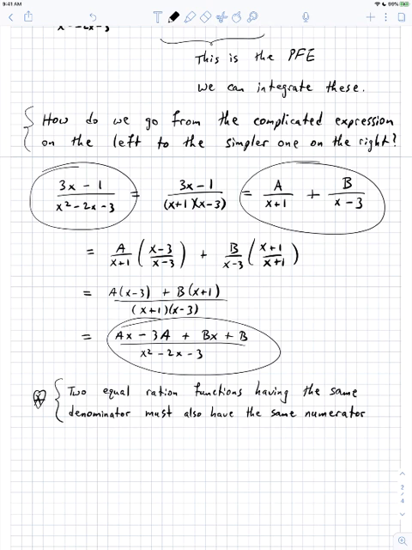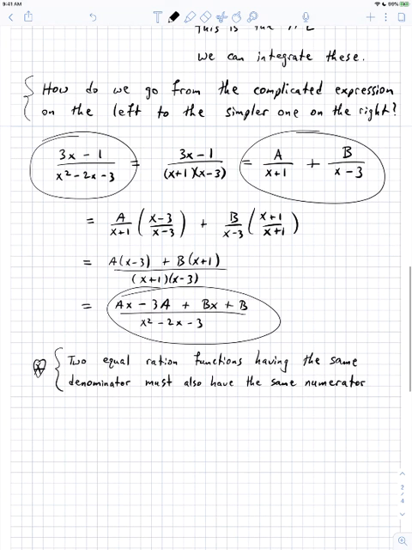So using that as our guiding principle, that means that these two rational functions with the same denominator must have equal numerators. So 3x minus 1 must equal ax minus 3a plus bx plus b. So then the question is just figuring out what a and b must be in order to make this true.